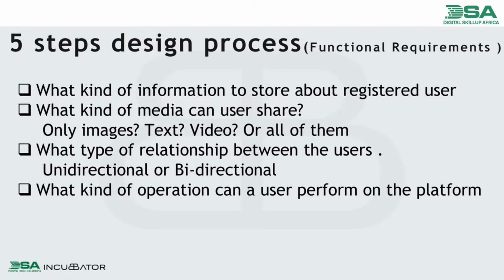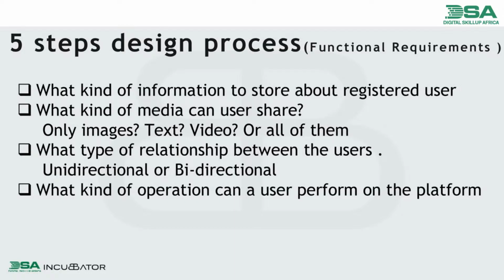Another question is, what type of relationship should be between the users? Is it a bi-directional relationship or a unidirectional relationship? The bi-directional relationship is the one where you are my friend and I'm your friend automatically.